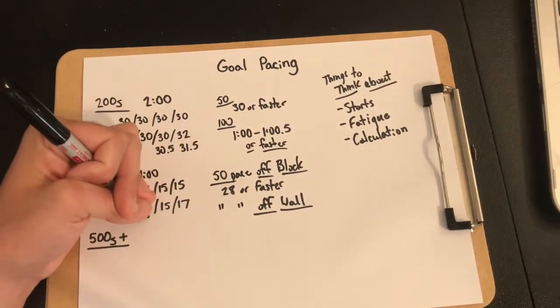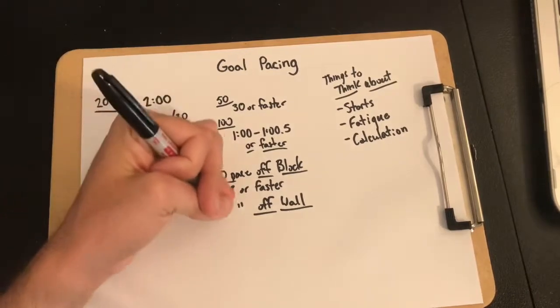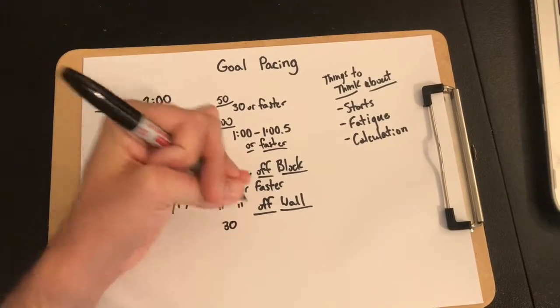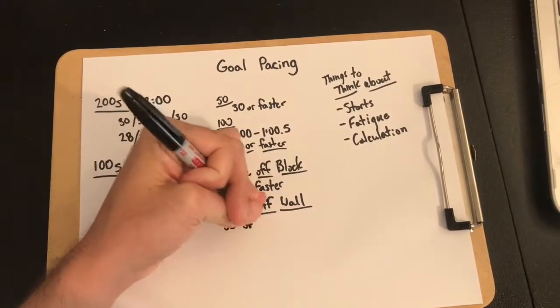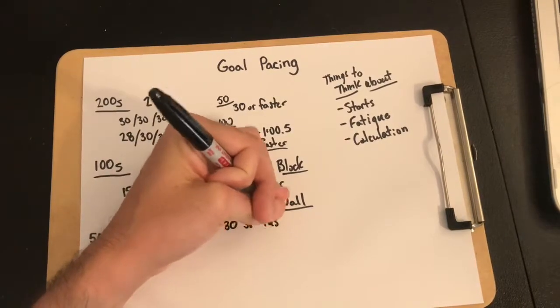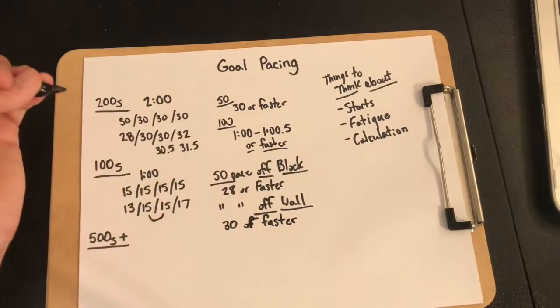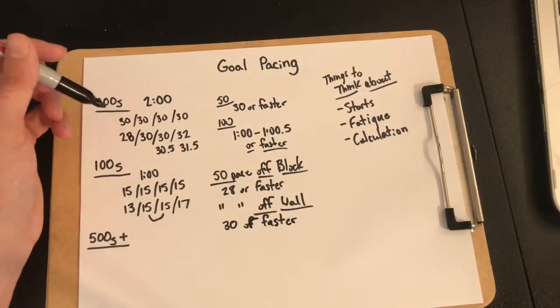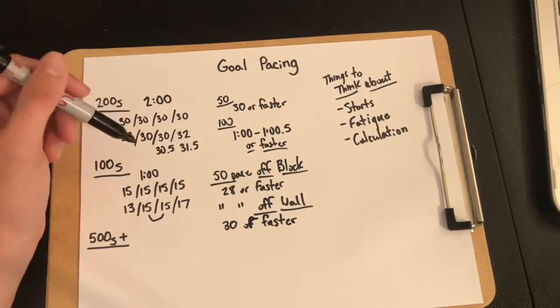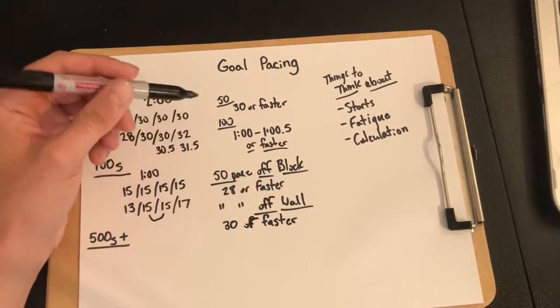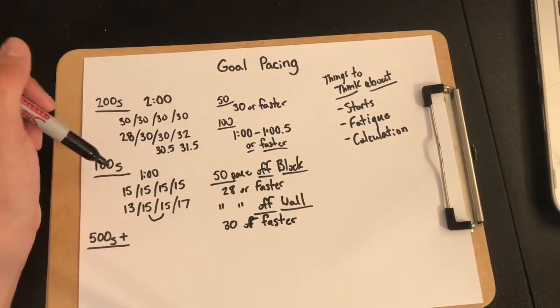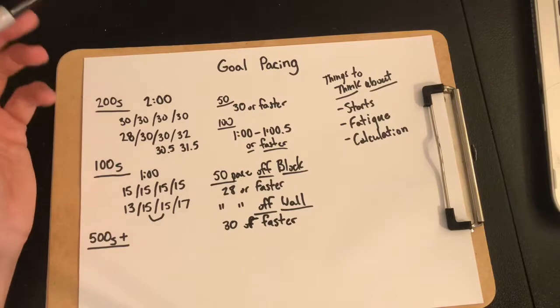But typically speaking, I would say take those middle two, and you would want to be 30 or faster. 30 or faster would be ideal. Okay. And again, this is all about making sure that what we're pacing, being under that, putting us in a position to not only hit that goal pace, but go under it.